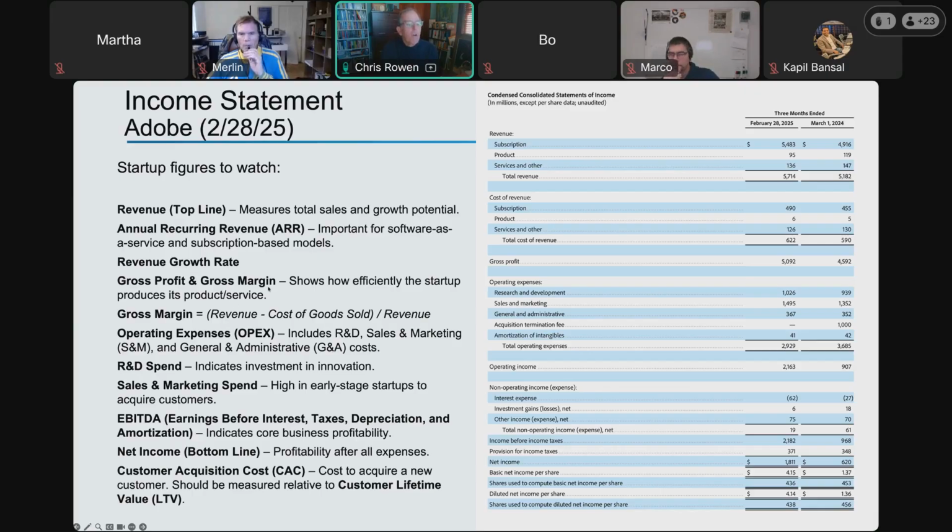Understanding gross profit, gross margin. When we talk about gross profit, that means really the revenue that you got minus the direct cost of supplying that revenue. So that typically does not include what did it take to market the product, what did it take to engineer the product.